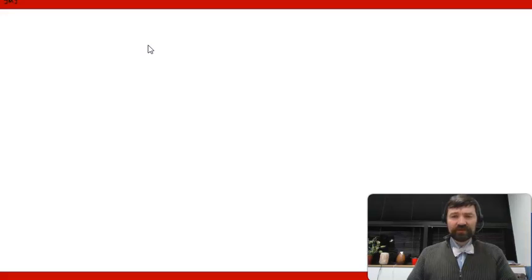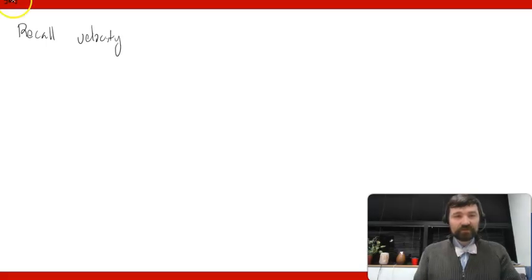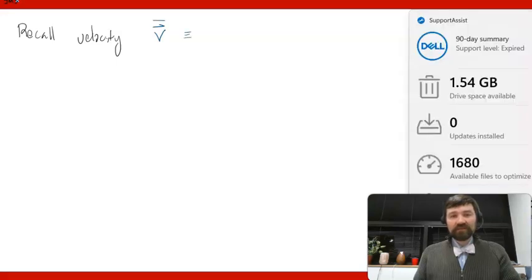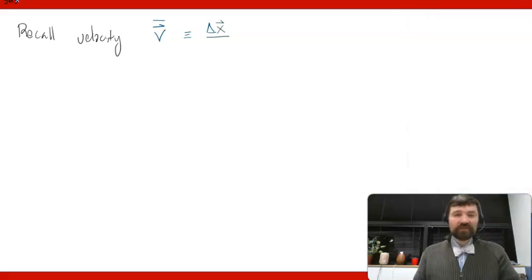We've also defined velocity. You can recall that average velocity is the rate of change of the position, or in other words, the rate of displacement, delta x over delta t.